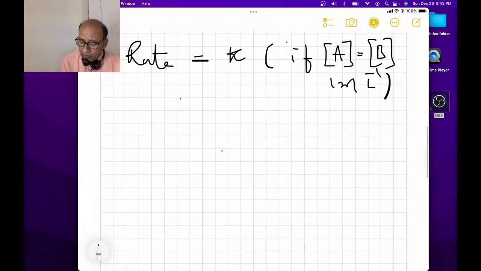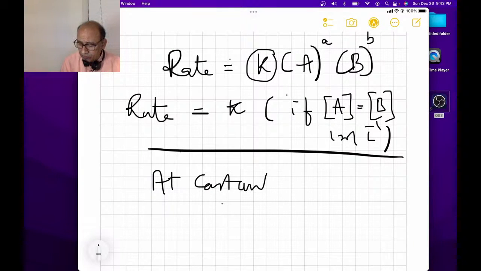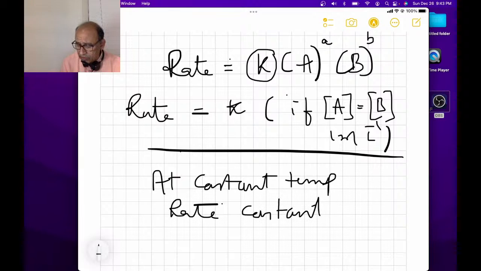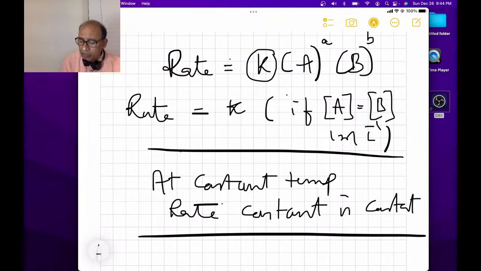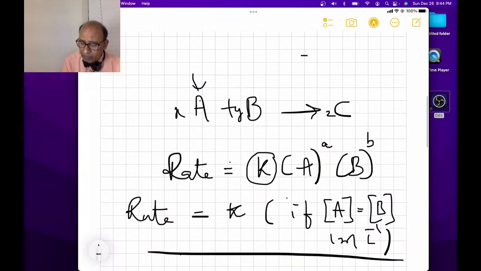And now, for a given reaction at constant temperature, rate constant is constant. It means if I double the concentration of the reactants, namely A or B, or if I make the concentration of A half or one fourth, whatever, there would be no change in the value of K.